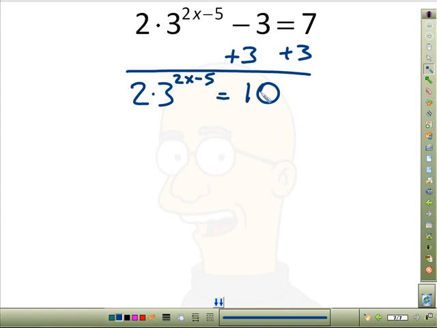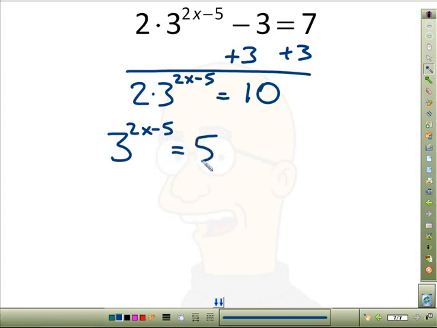In other words, you don't want to make the mistake and call this 6 to the 2x minus 5. That doesn't work. Remember your order of operations. Before you do multiplying, you're going to take care of exponents. That's right. 3 to the 2x minus 5 equals 5.